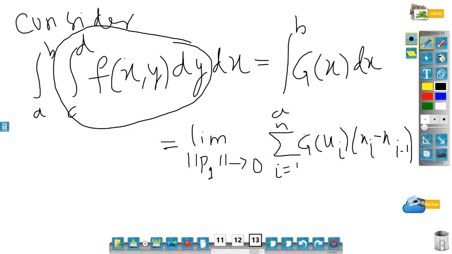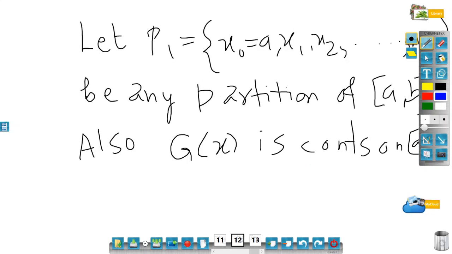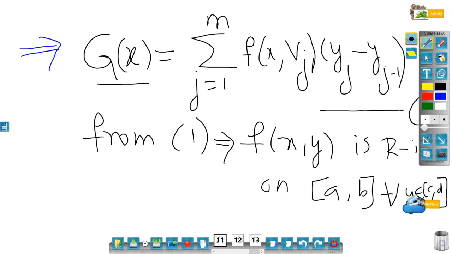So what is g of ui? That's important. g of x is defined as above, so g of ui will be summation j goes from 1 to m of f at ui comma vj times yj minus yj minus 1.